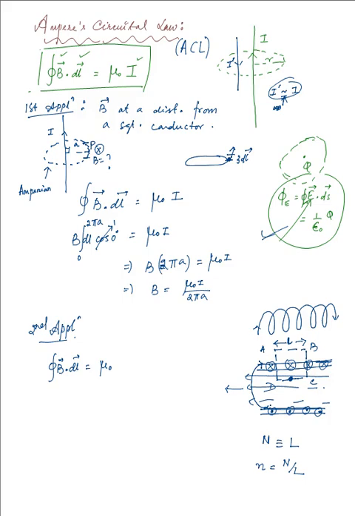Now, if there are capital N number of turns over the capital L length, then there are n number of turns per unit length. Then over length l, you will have n times l as the number of turns, and each turn would contribute to the magnetic field. So that will be that many times the current, with each turn associated.